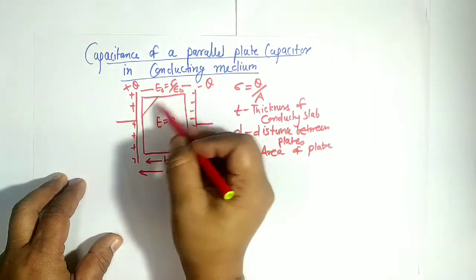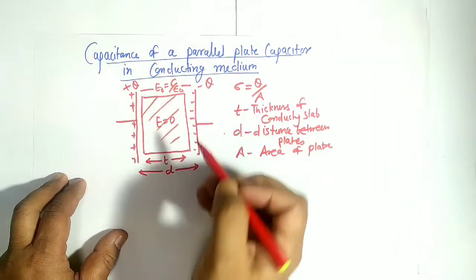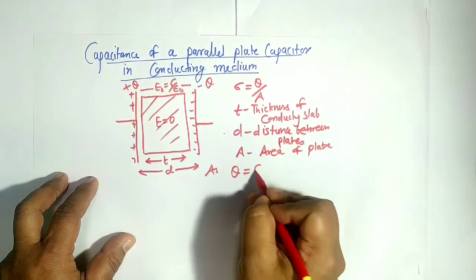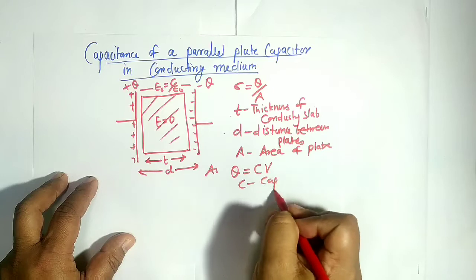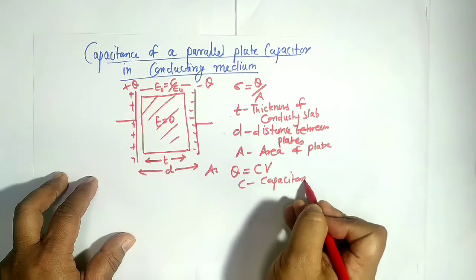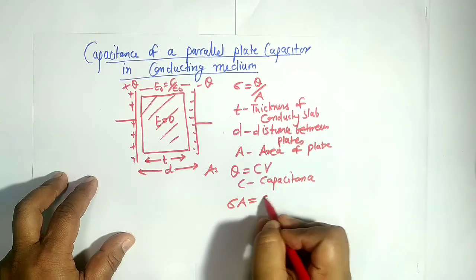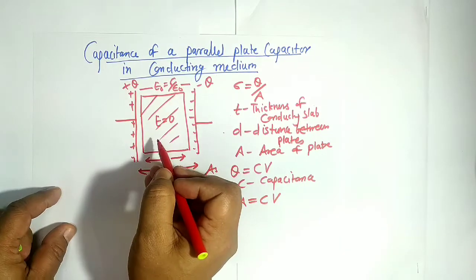So we are going to talk about the conducting medium. Simple. We know that Q is equal to what? CV. C is the capacitance. So simply in place of Q we can write sigma A, so sigma A will be CV. What is the potential difference?